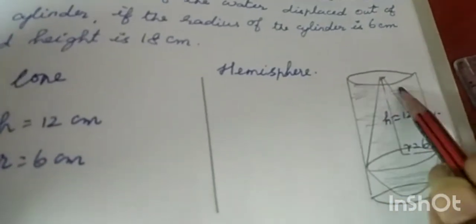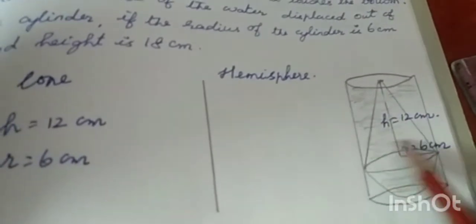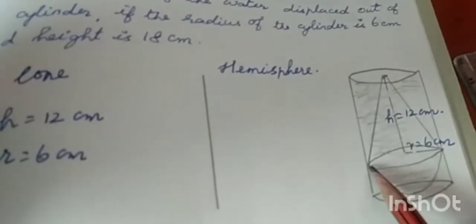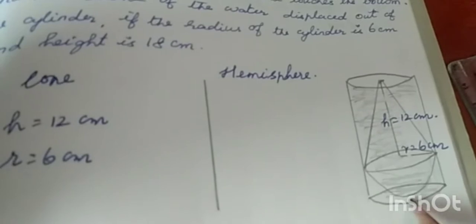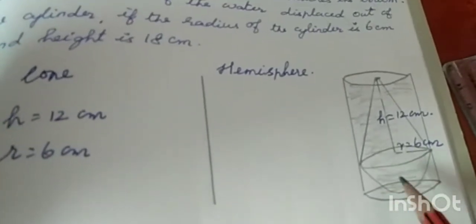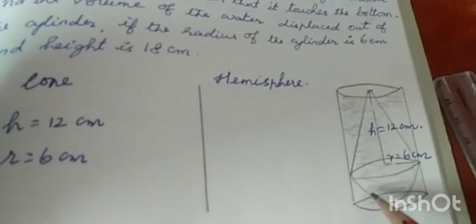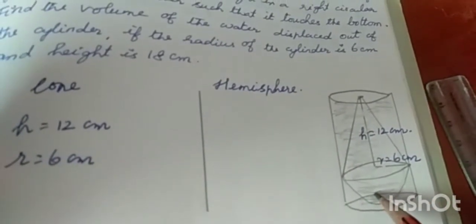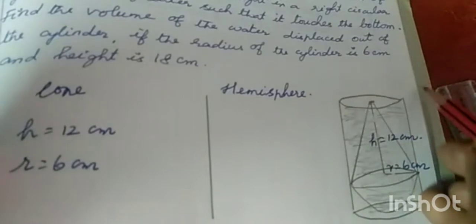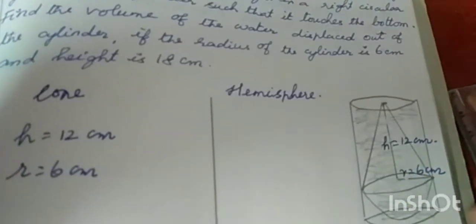Now we are placing a solid cone surmounted by a hemisphere. A solid hemisphere surmounted by a cone. Inside the cylinder, some amount of water will be displaced if you put this solid inside the cylinder.